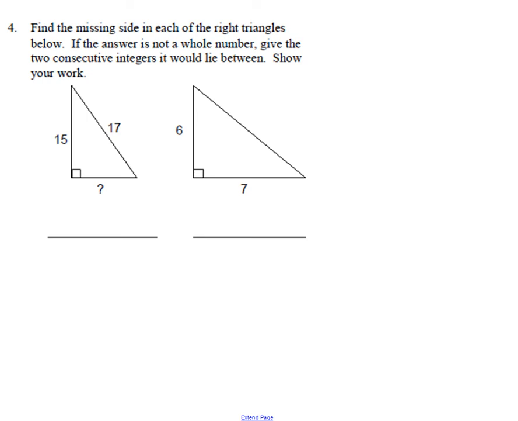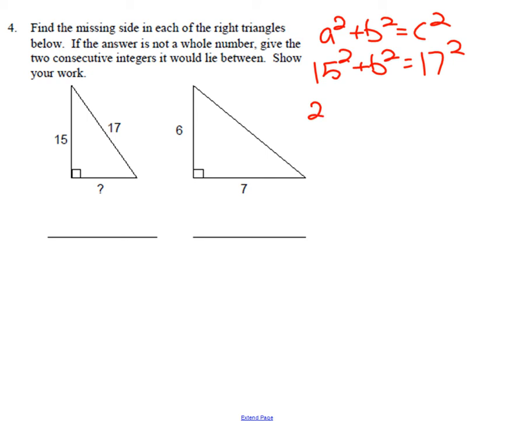All right, number 4. Find the missing sides. This is another common one, but we haven't seen it in a while, so we probably had to work this one out. So which sides do we know? We know A is 15 squared, and C is 17 squared.